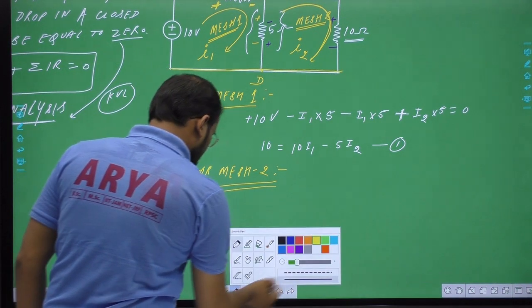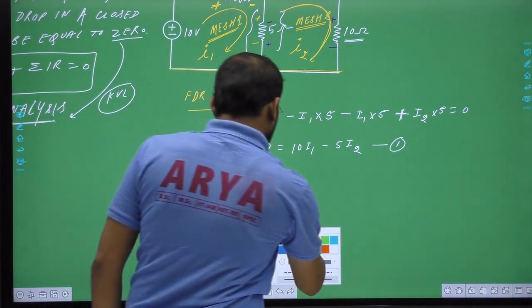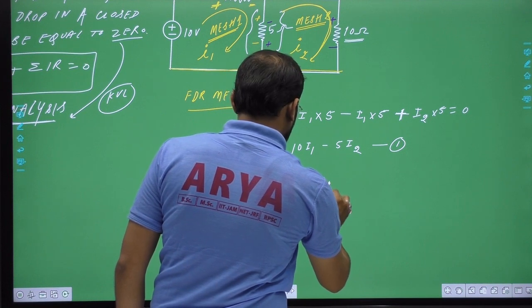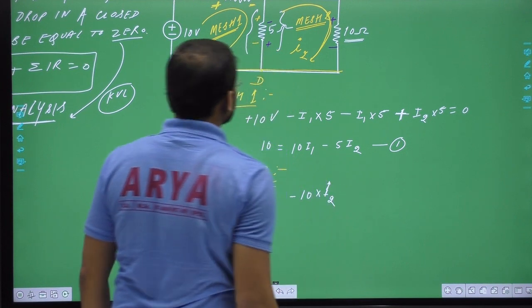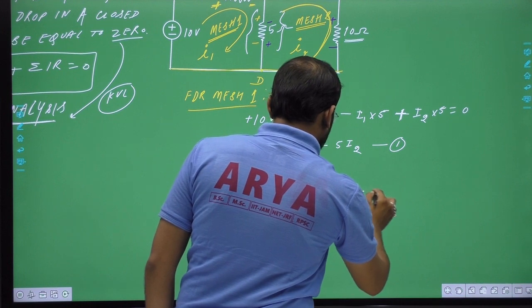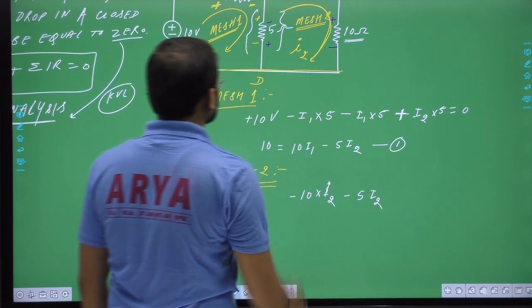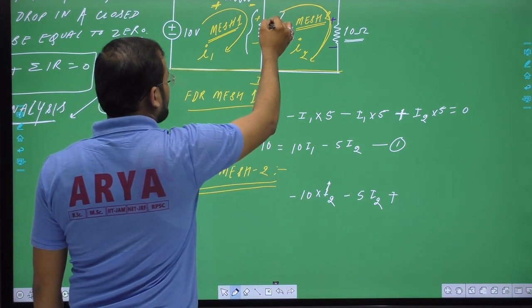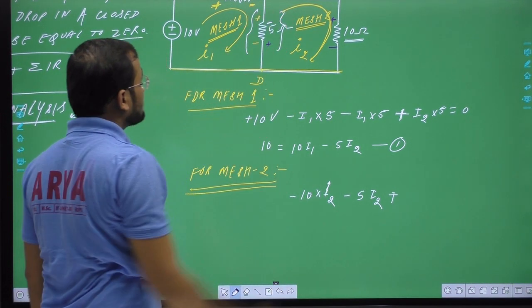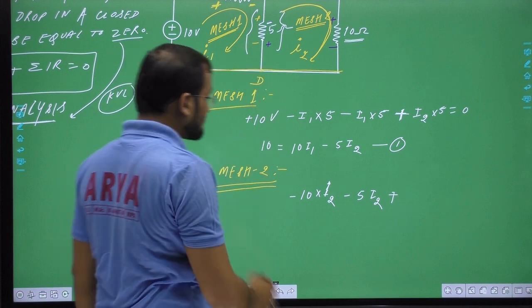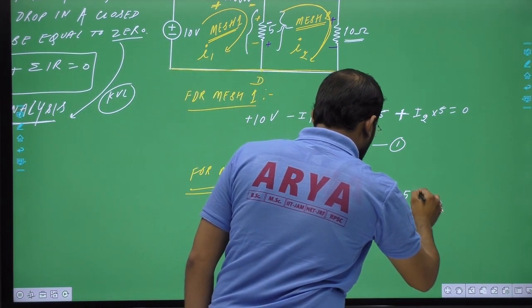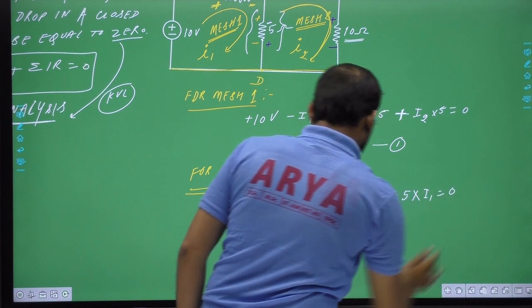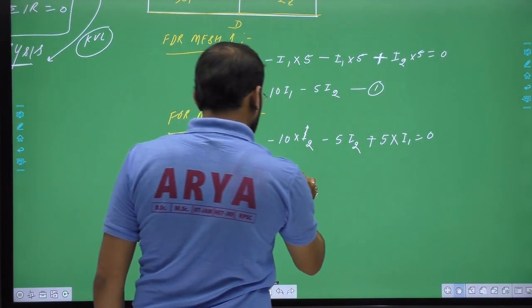Both are correct. Minus 10 multiplied by I2, minus 5 multiplied by I2. At the same time when I2 is leaving this terminal, I1 is entering that terminal with a positive sign, so we also have to consider that current. 5 multiplied by I1 equal to 0.